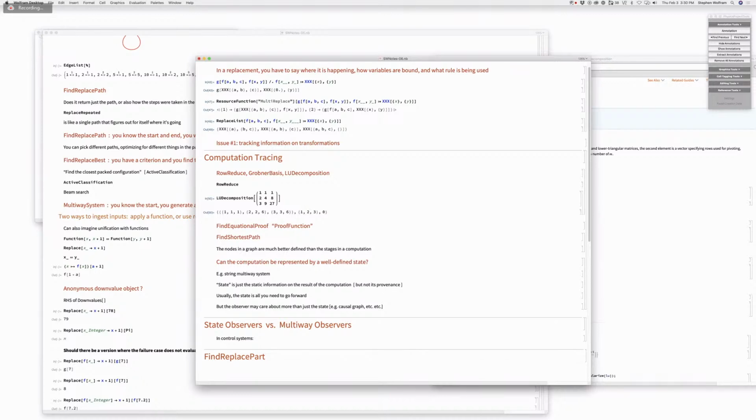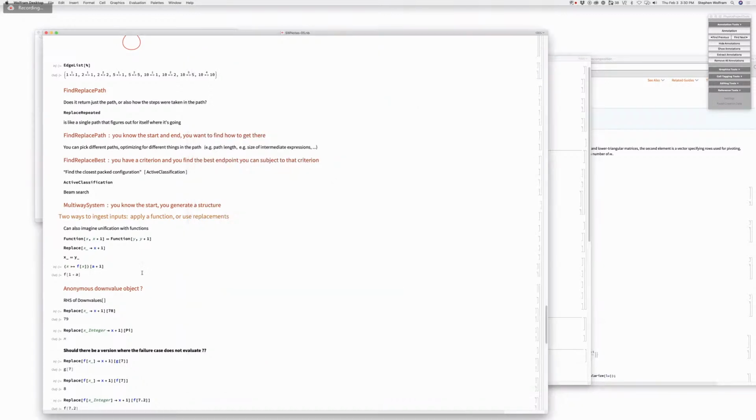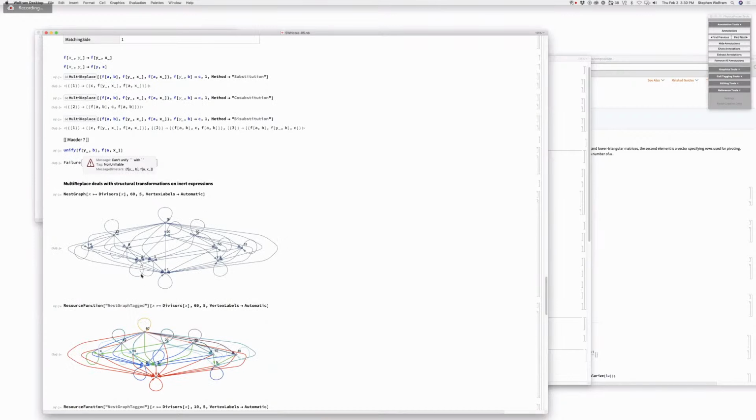No, I understand that, but in one of our multi-way graphs, every one of those nodes is a state. And the whole point of this multi-computation idea is that you allow the possibility that there are many states, many threads of time. You don't say there is a particular state that we just don't know completely. You say there are actually many states running in parallel in time, which is, I think, a different way of thinking about things.